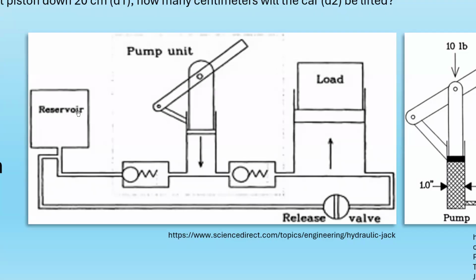How does this one work? On the downstroke, by the way these check valves are installed, what is going to happen? Introduce a pressure here, and the pressure is going to disperse in all directions. The way it's installed, this check valve is going to block the fluid from traveling that way. But look at this one here.